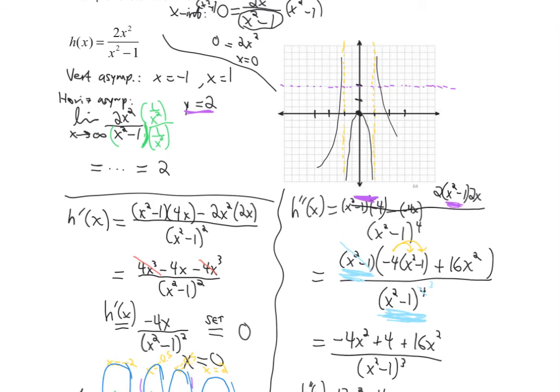We have just one place where the derivative is equal to 0. So using that fact and using the fact that this function can only be negative between 0 and 1, right?